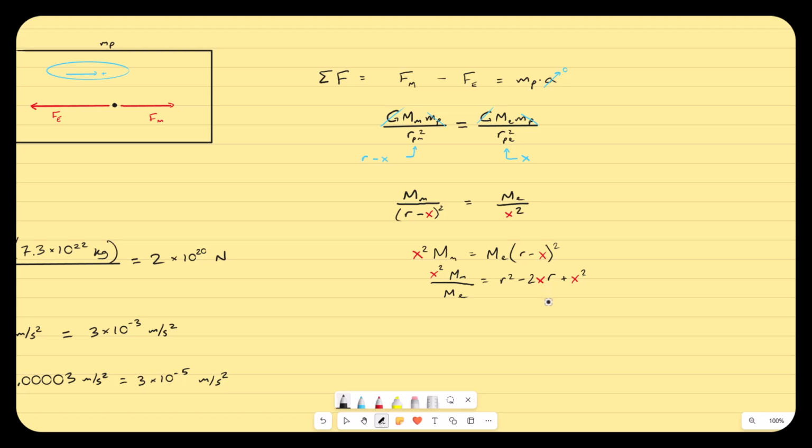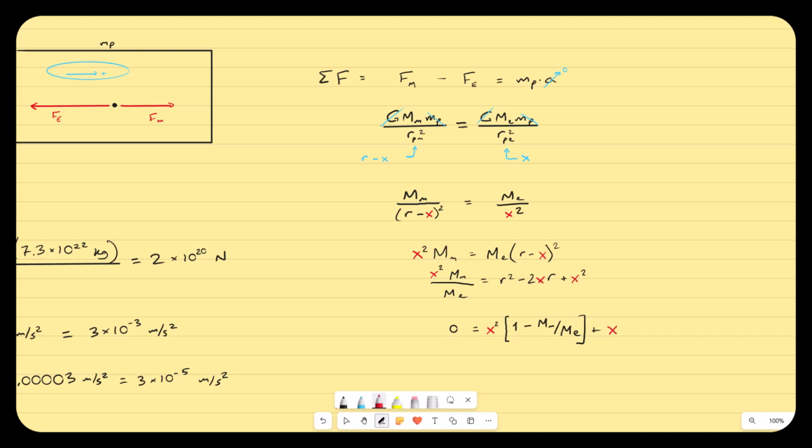Now I'm going to take all my terms, really. I've got an x squared, an x, and a non-x. I'm going to just move everything over to the same side. So over here on the left, I will have 0. On the right, I'm going to have an x squared. I have an x squared, and I'm going to subtract this over and factor it out. So 1 minus the mass ratio times x squared.